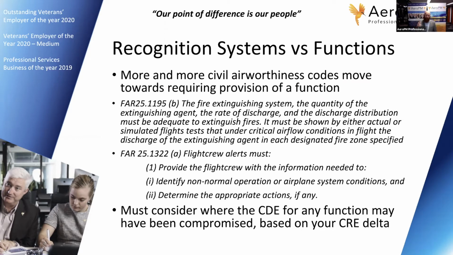So now that regulation lists an outcome. There must be an alerting system. The alerting system must differentiate between non-normal operations and emergency situations, right? So it gives the outcomes rather than assuming that the design is light switches and buttons, right?